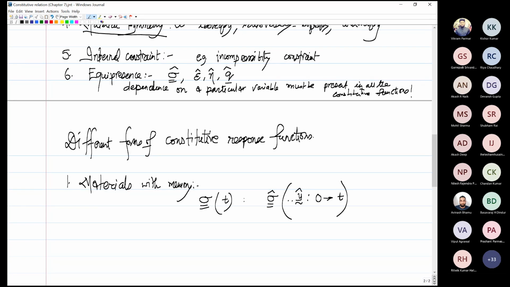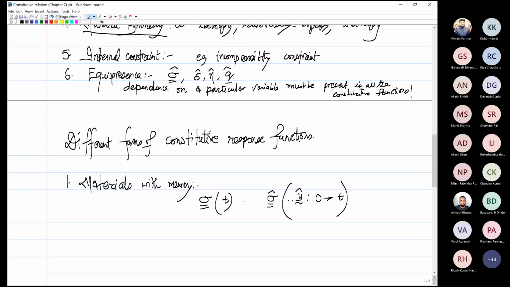So this is called a material with memory. So it has to know how it was at all the back times in order to decide in what way it will behave currently.